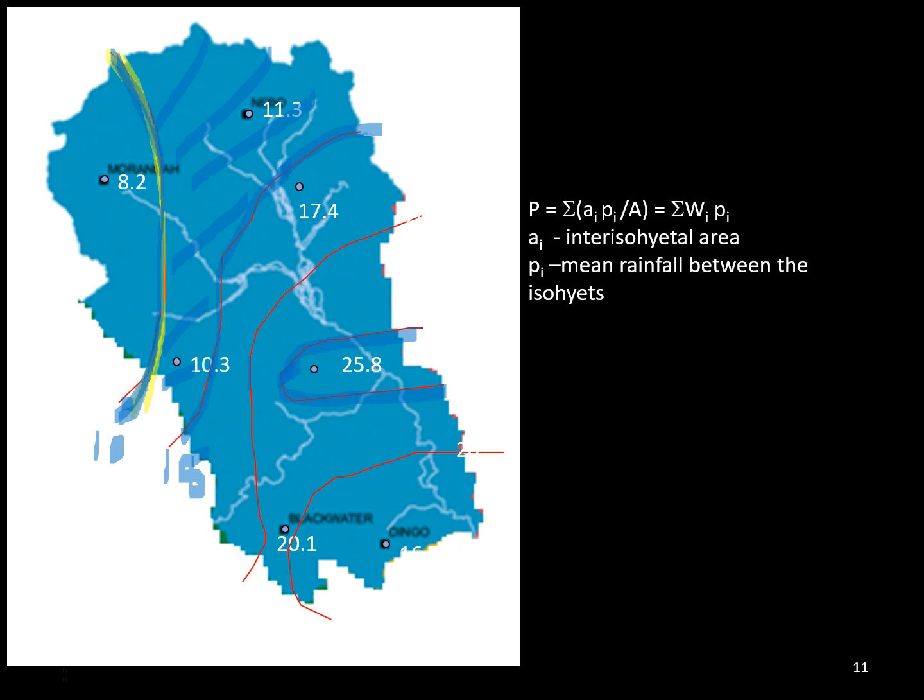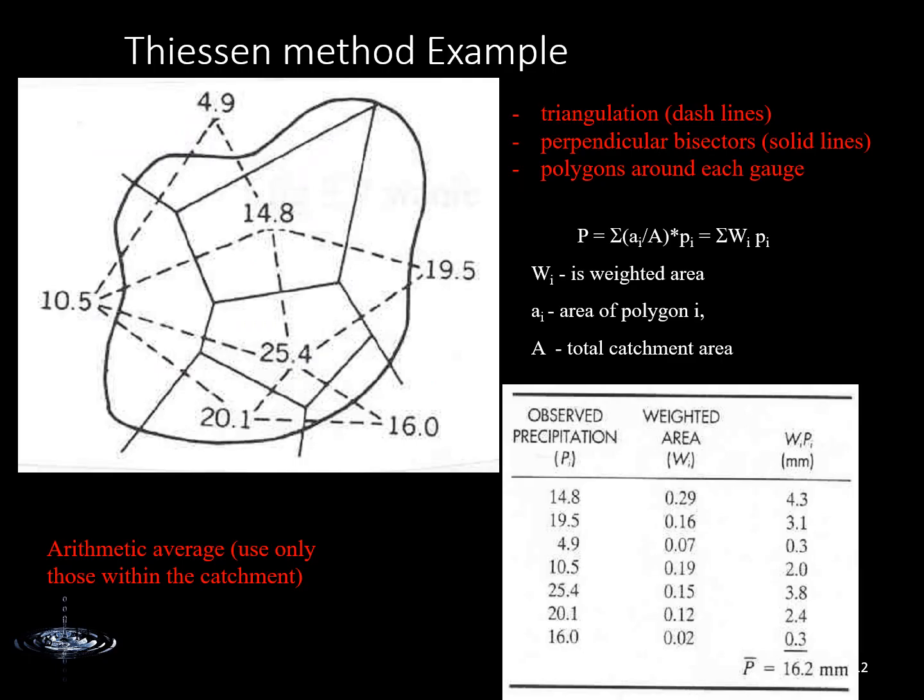So obviously this is better than the Thiessen polygon method, which is just a random geometry generation, whereas here you draw the contour based on the actual rainfall, and then you use that area. So these are three different techniques, and this is another example.